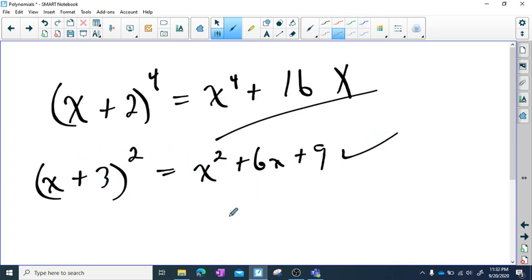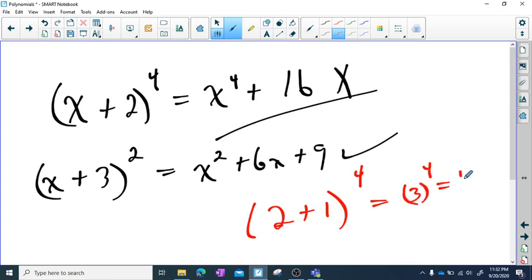In math, there's always something we refer to as a counterexample. If I wanted to show you that this doesn't work, just use numbers. Let's use easy numbers: 2 plus 1 to the 4th power. To get the value, you have to do inside the bracket first, then raise it to the 4th power.